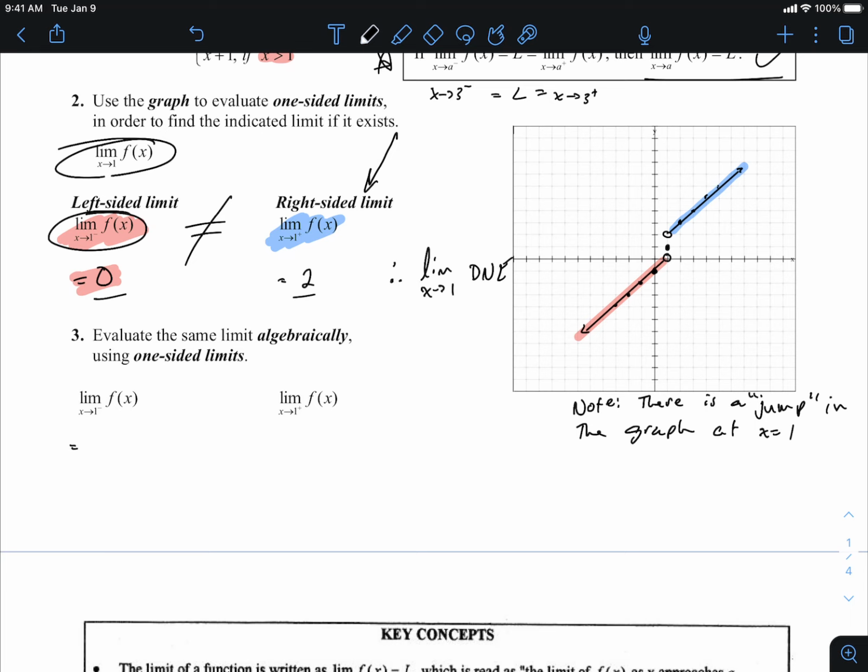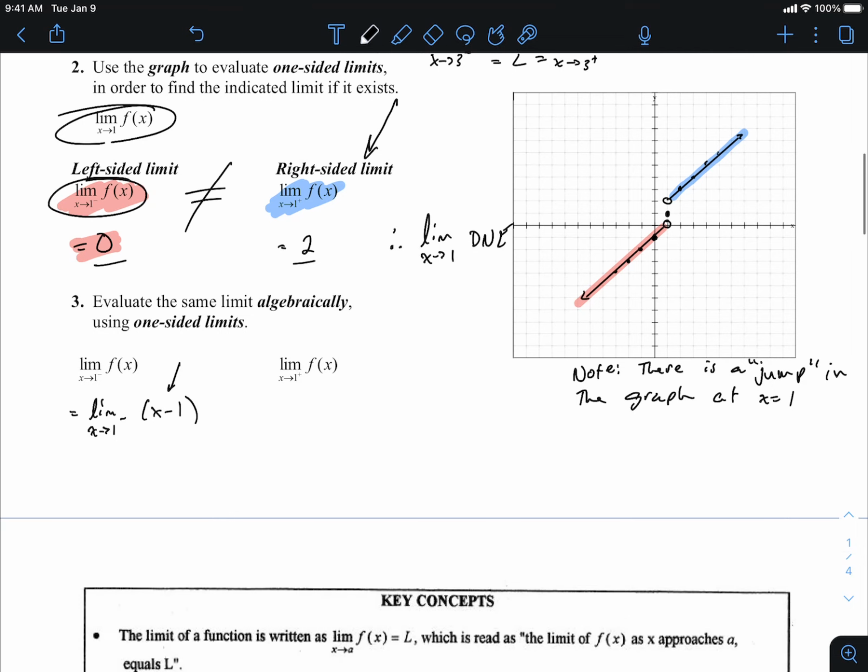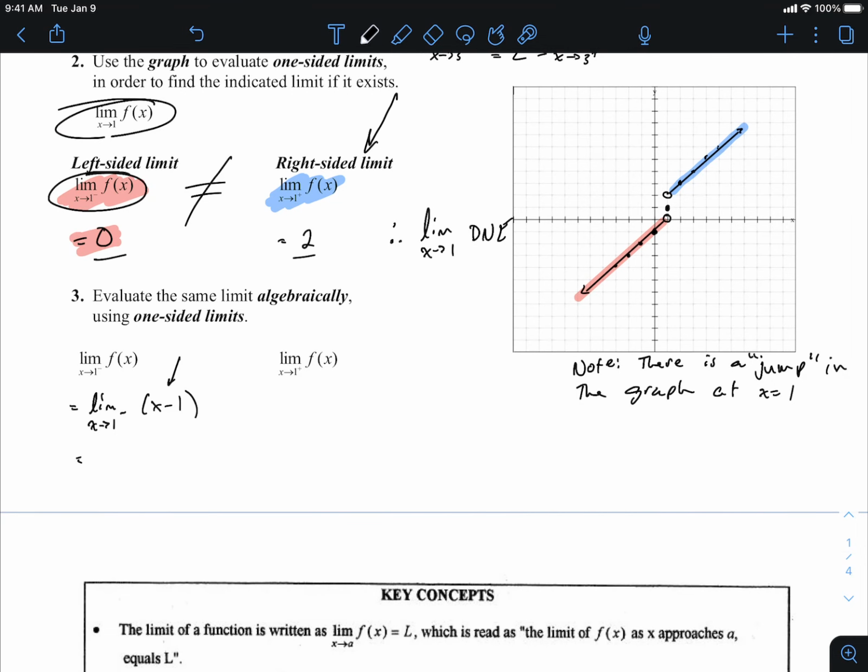This is going to be equal to the limit as x approaches 1 from the left of x minus 1, because this was the portion of the graph dealing with the negative side. Okay, so you just plug it in. You evaluate and you see that this is equal to 0, which is what we found on the graph.